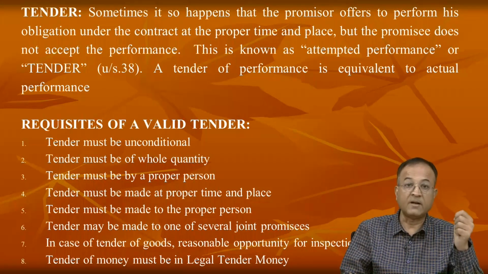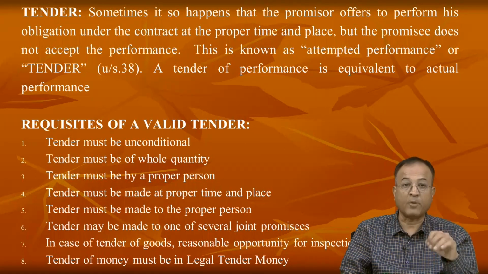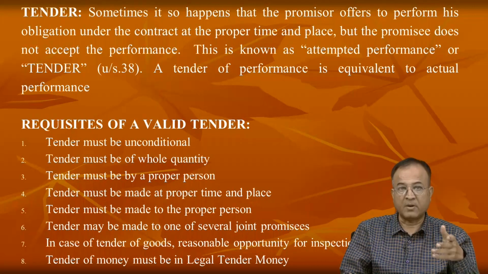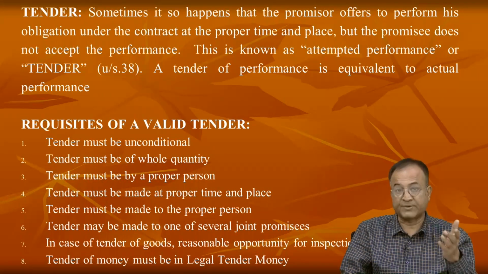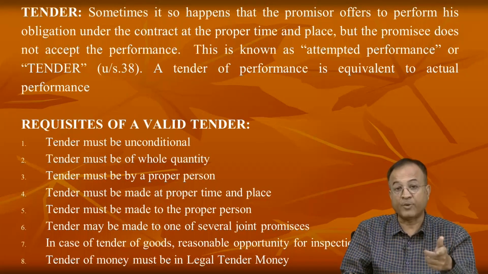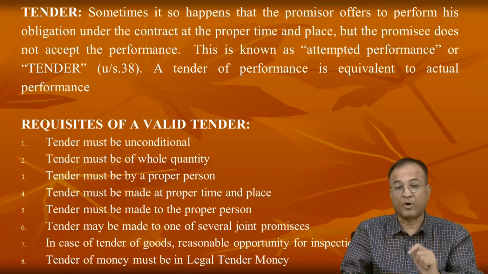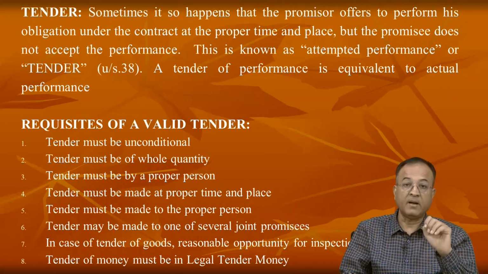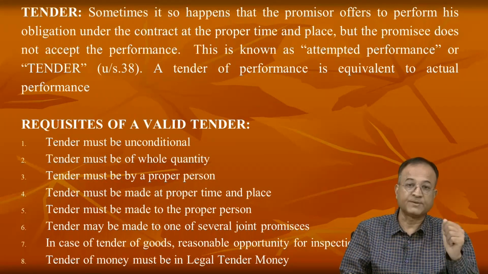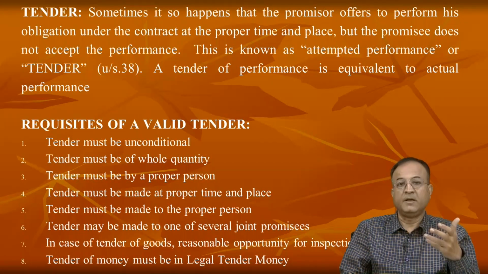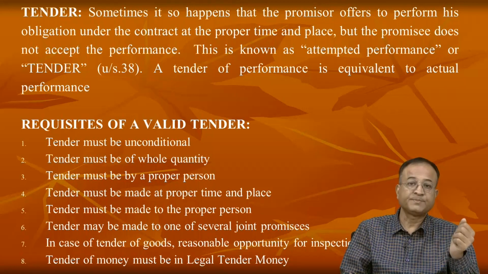C. Tender must be by a proper person. Tender must be by a person who is in a position and is willing to perform the promise. D. Tender must be made at the proper time and place.